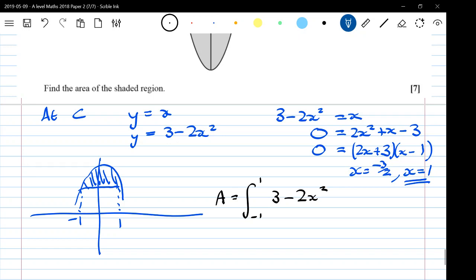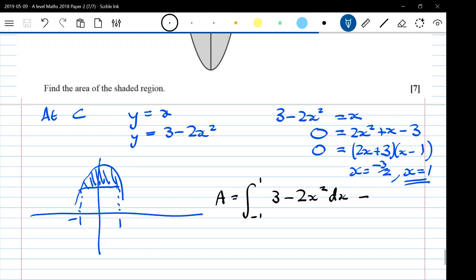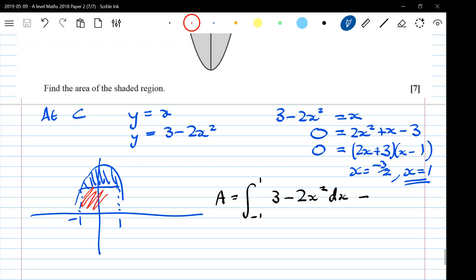So I'm going to do that, and I'm going to take away the area underneath it. I'm going to take away this red area here, and that red area is 2 by 1. That's because that's the point 1, 1, isn't it? So that's taking away 2.